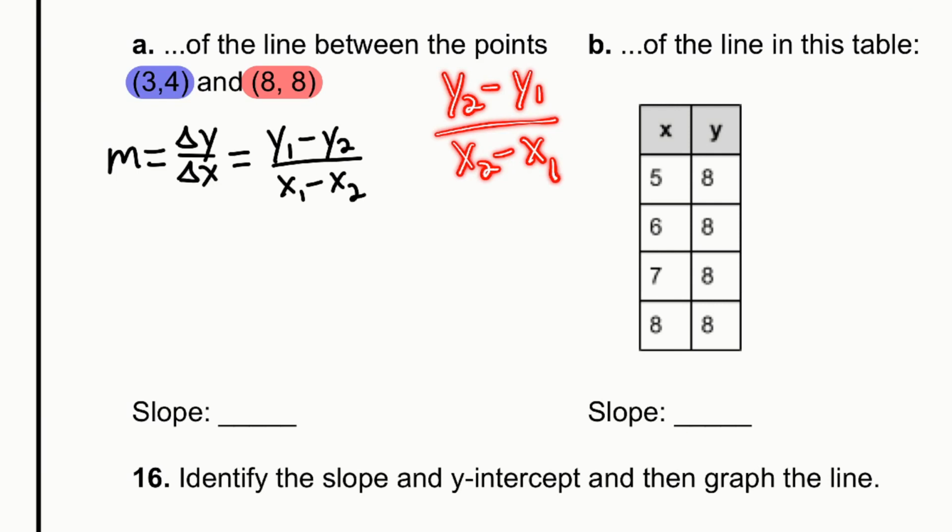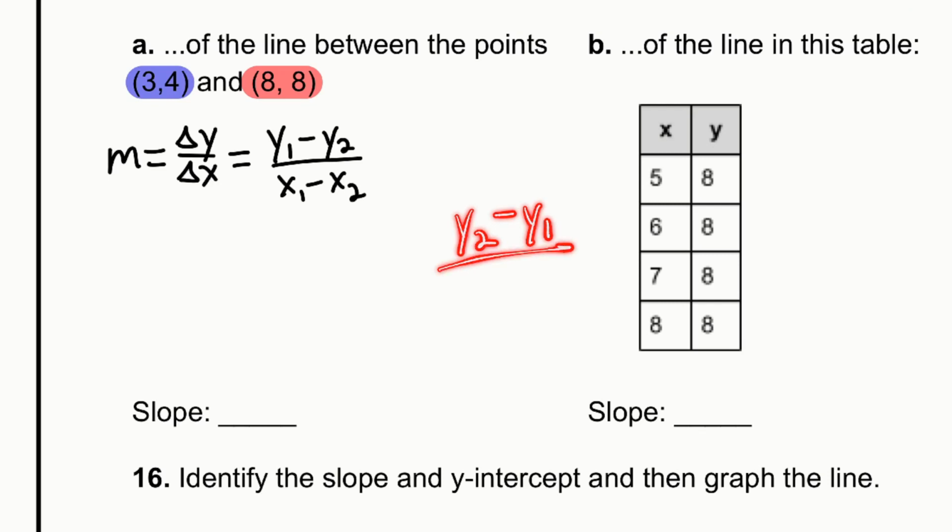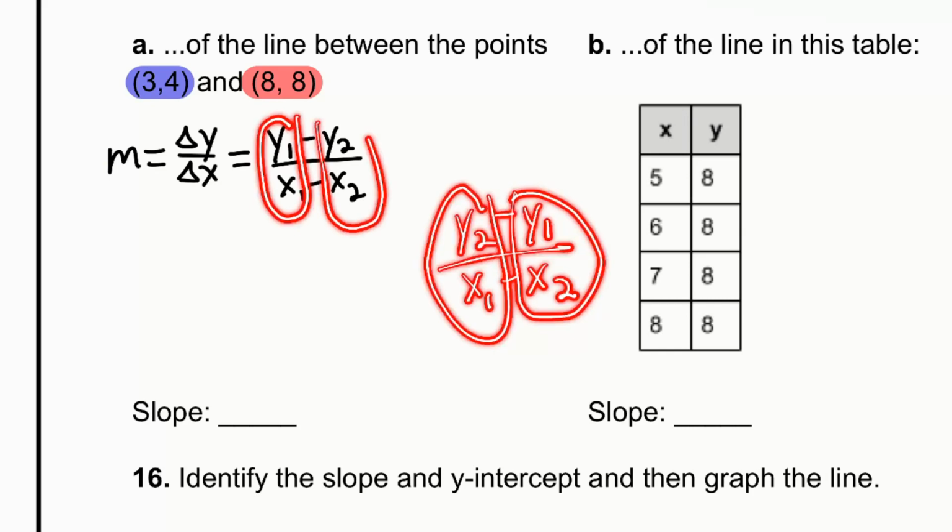That's fine. What can't happen is y2 minus y1 over x1 minus x2. So notice these are not from the same point, and these are not from the same point. But here, these are from the same point, and those are from the same point.